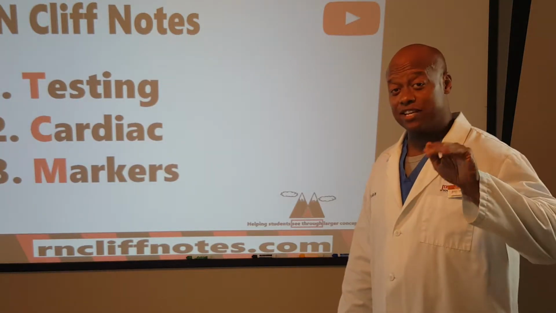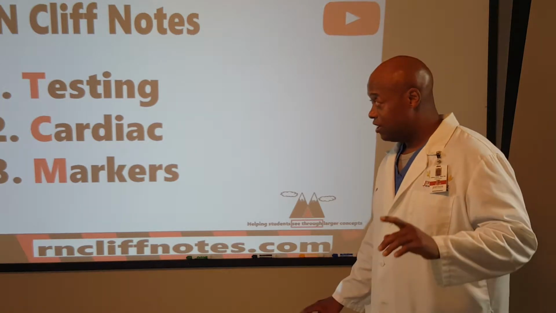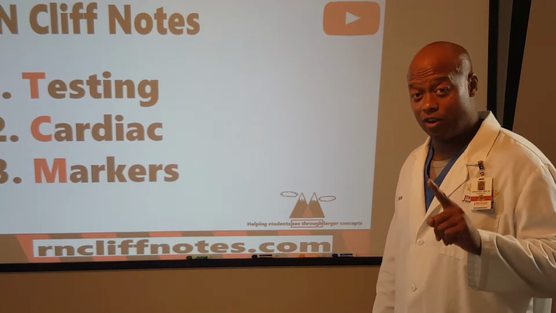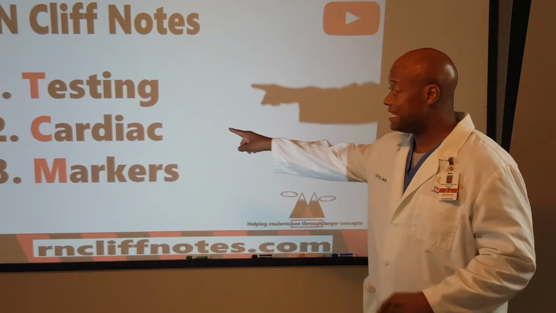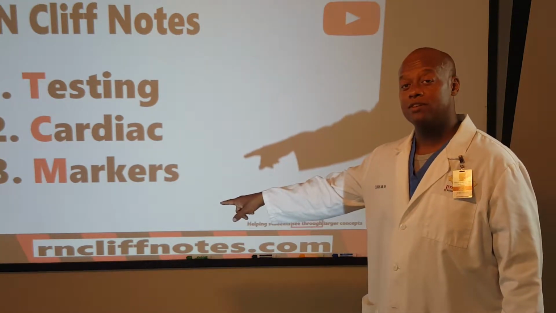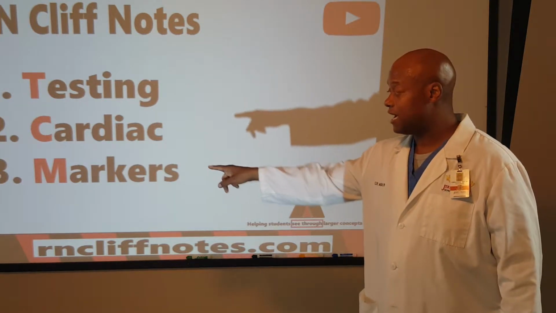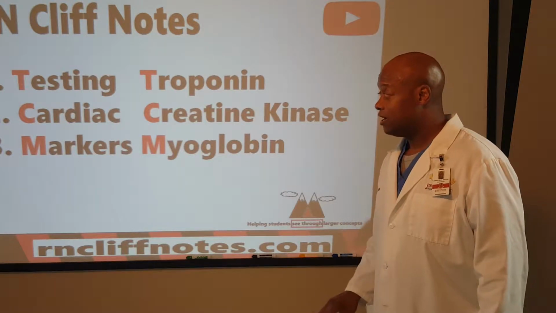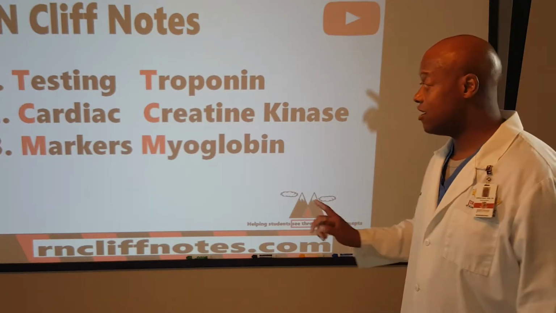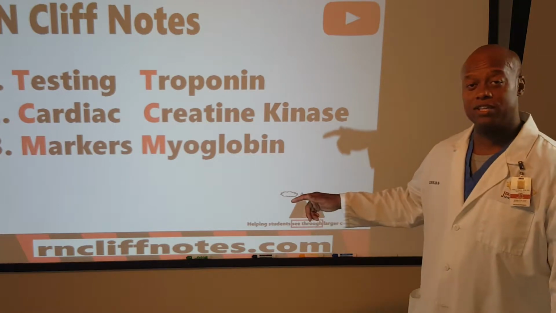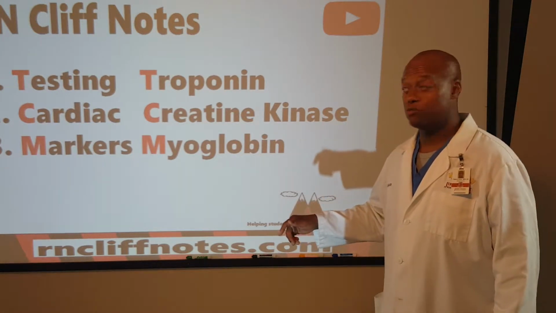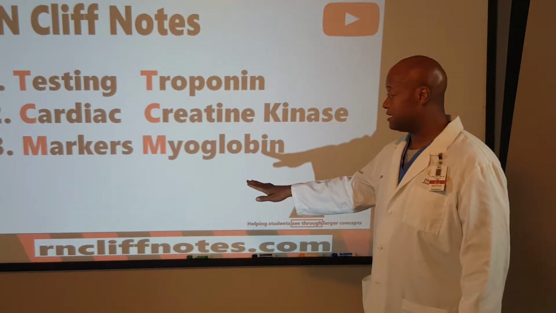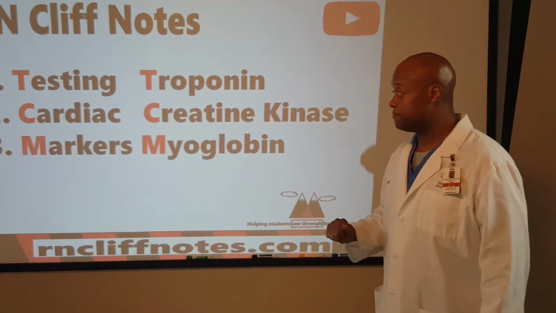Jump right into our study smart strategy. Now, what are we doing when we're seeing if our patient had a myocardial infarction or a heart attack? We're testing their cardiac markers. Testing cardiac markers, right? And as we do that, if you just look at those letters, testing cardiac markers, that actually matches up with the cardiac isoenzymes, which would be troponin, creatine kinase, and myoglobin, right?